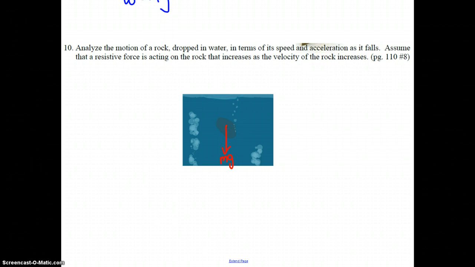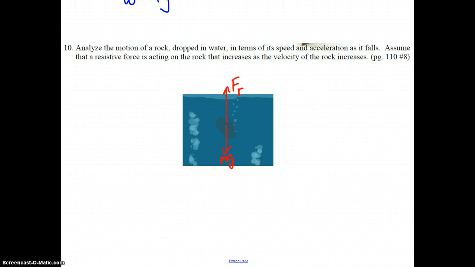That's what you're going to see modeled in here. Doesn't mean you have to do it that way. So we have the weight down, and we're told that we have a resistive force. Again, we'll put this as Fr, acting up on the rock. And we're told that that resistive force increases as the velocity of the rock increases.